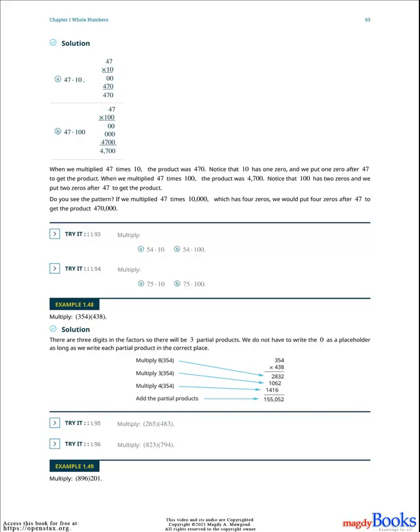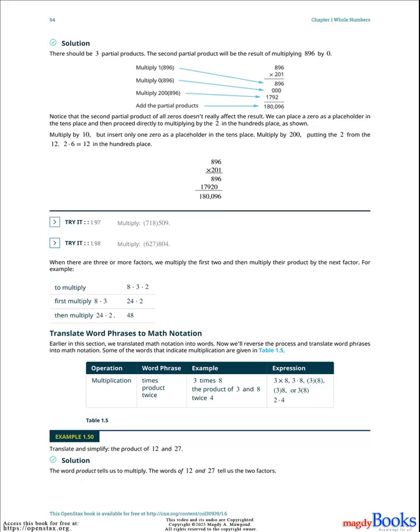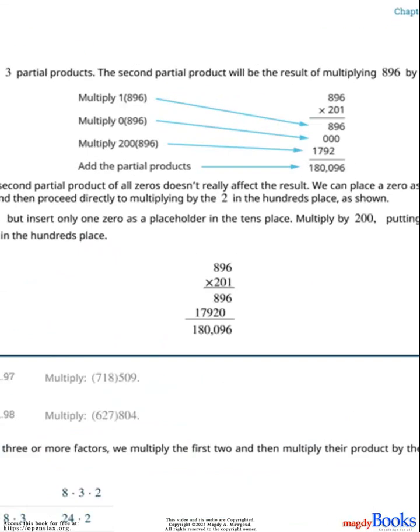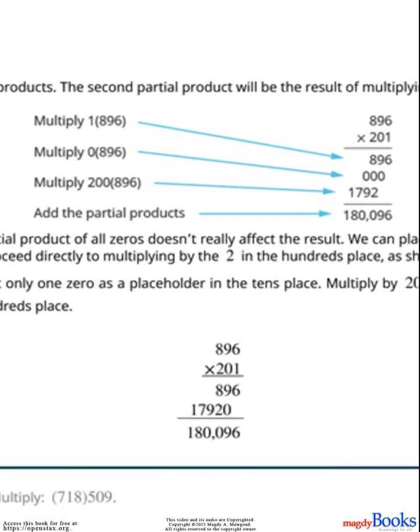Example 1.49. Multiply (896)201. Solution. There should be three partial products. The second partial product will be the result of multiplying 896 by 0. 896 multiplied by 201.